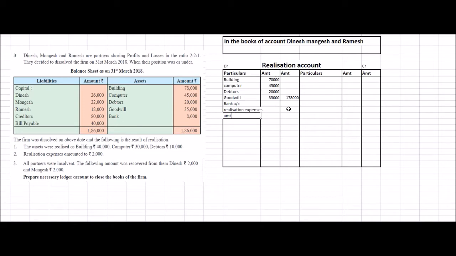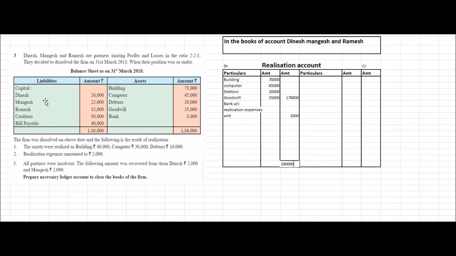So we have passed all the assets on the debit side: 1,78,000 rupees plus 2,000 rupees, and the total amount is 1,80,000 rupees. 1,80,000 is the total amount of the assets before selling them.